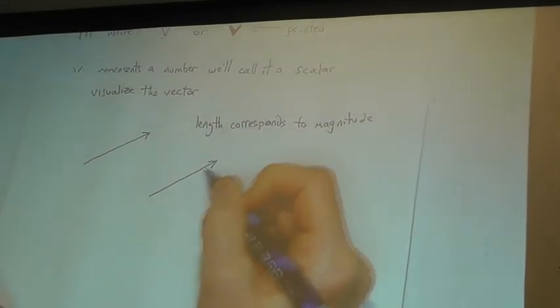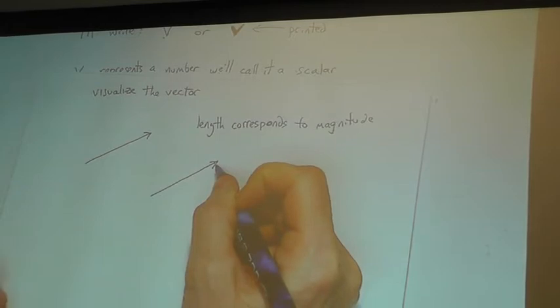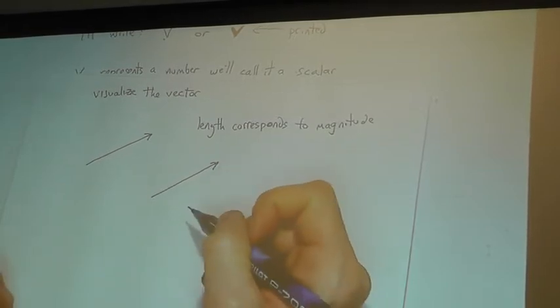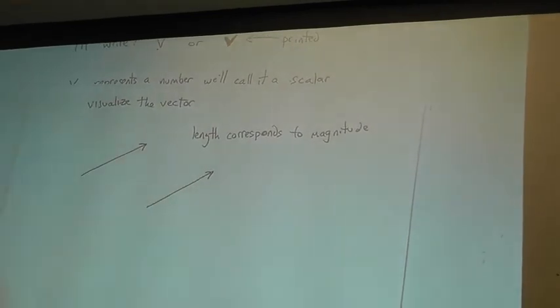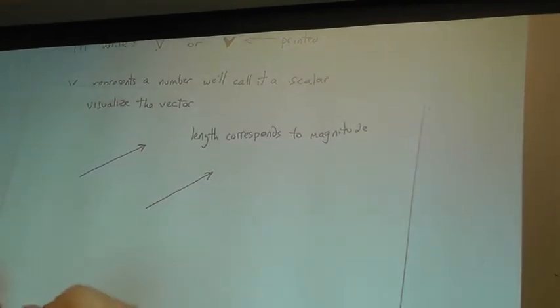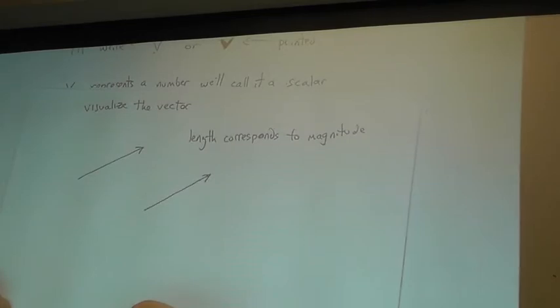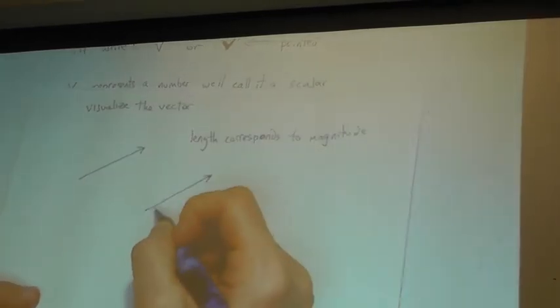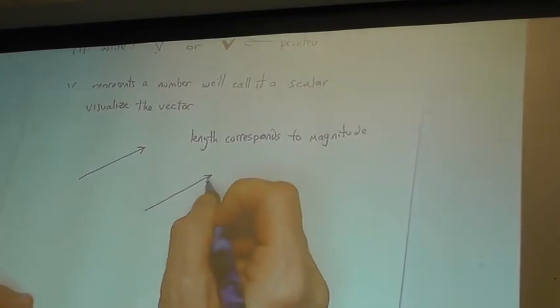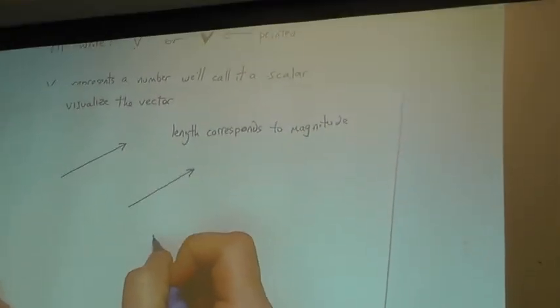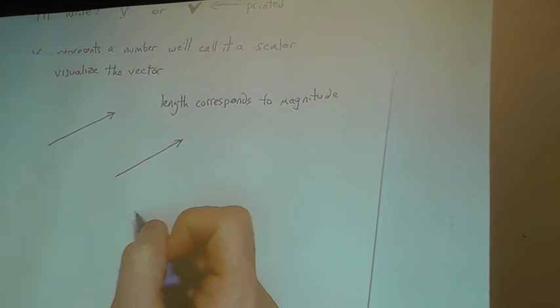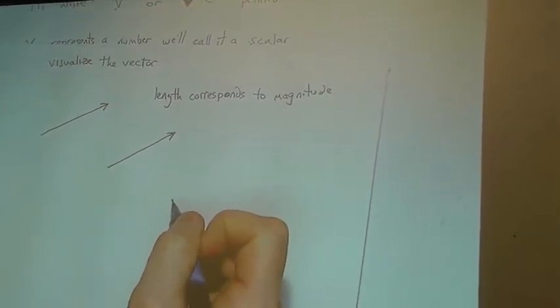What the arrow basically represents is displacement. So it's not nailed down at a particular spot, but it's going to indicate the amount of displacement in the X, Y, and possibly Z directions.